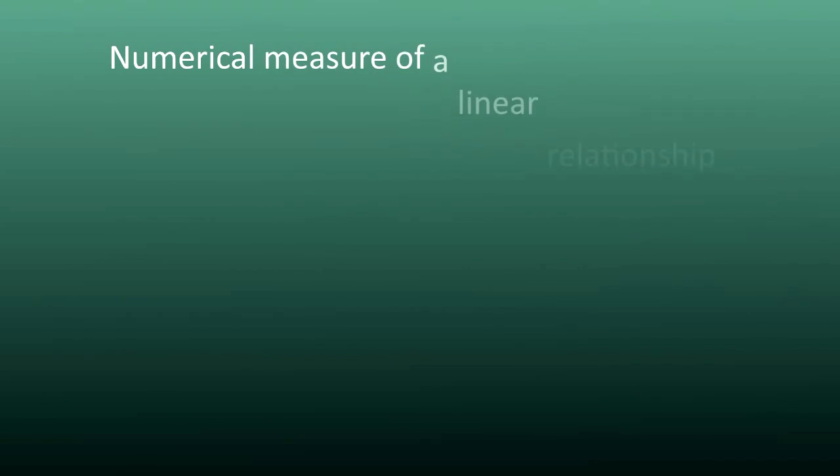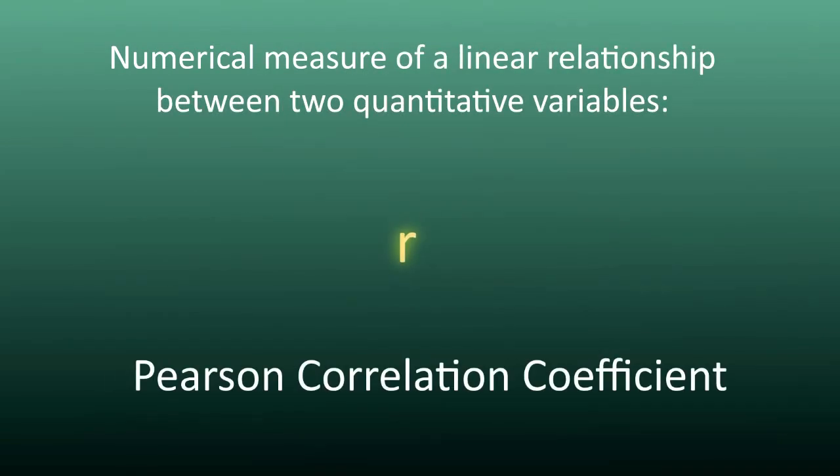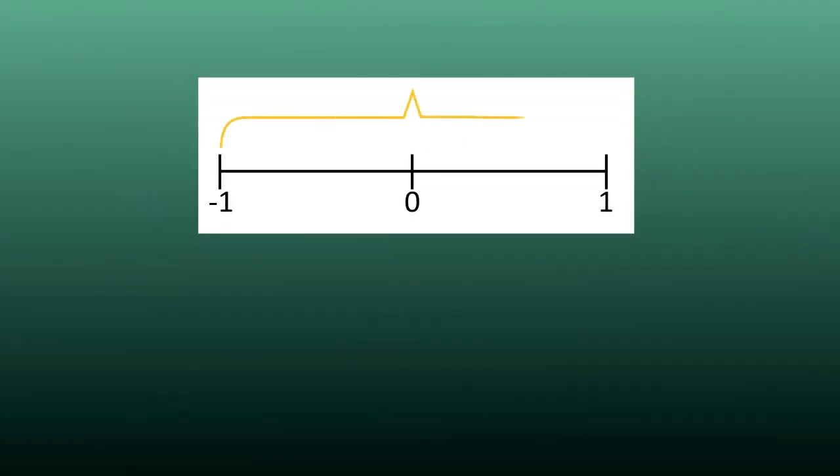The numerical measure that measures the strength of a linear relationship between two quantitative variables is called the correlation coefficient and is denoted by a lowercase r. The value of r ranges from -1 to +1.